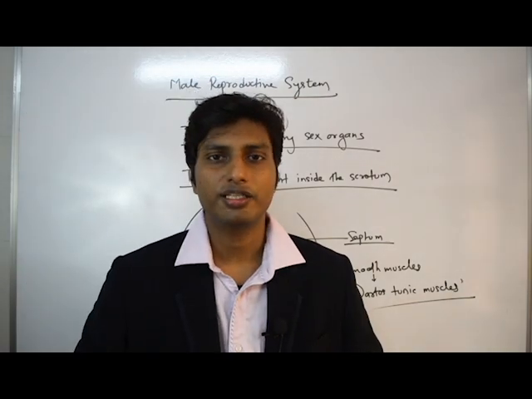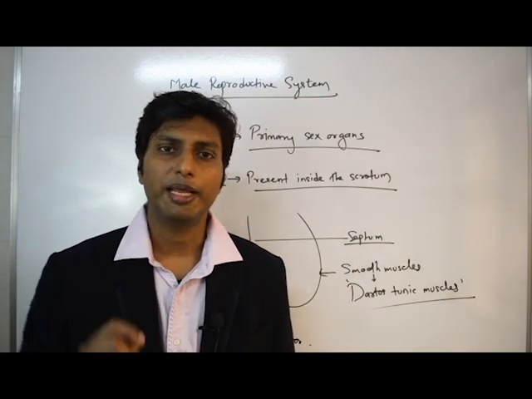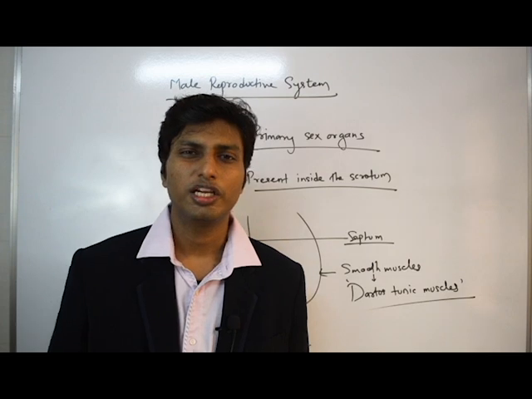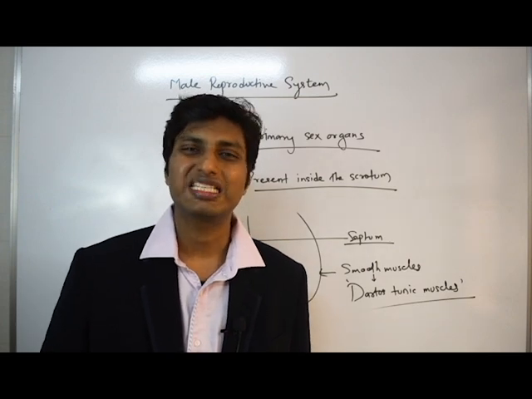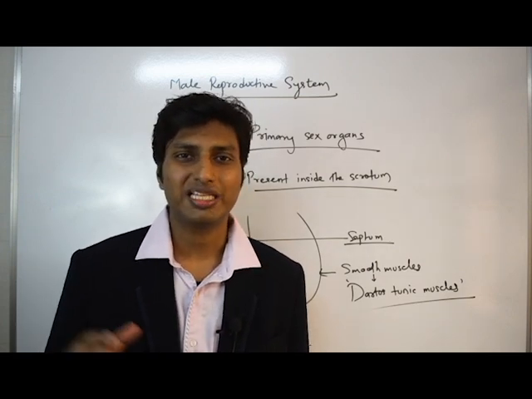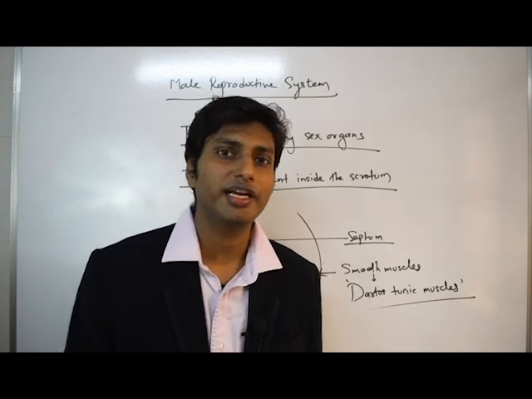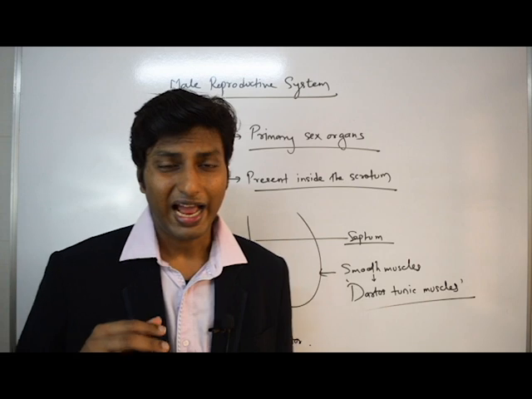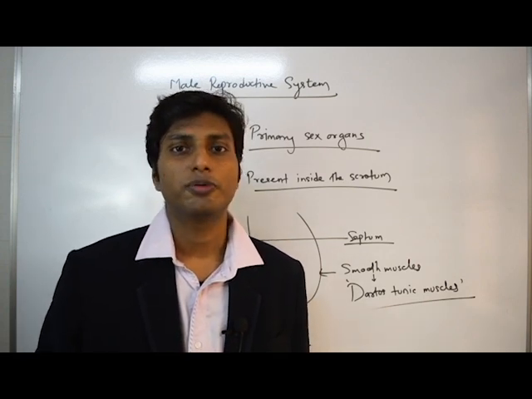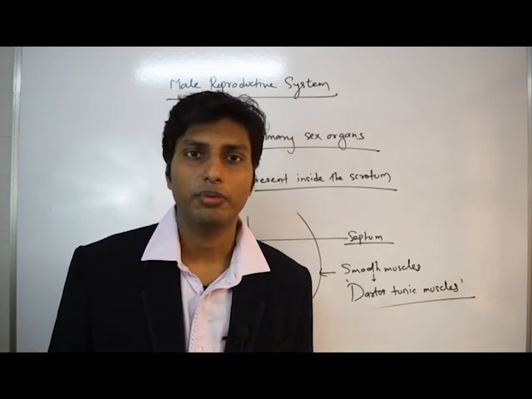Now students, let me tell you one interesting fact. The temperature inside the testes is 2 to 3 degrees Celsius lesser than the normal body temperature. Now what exactly is normal body temperature? It is around 37 degrees Celsius. At this temperature, the sperms cannot be formed at such a high temperature.